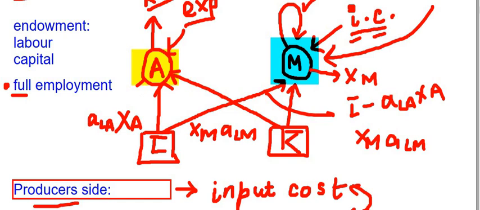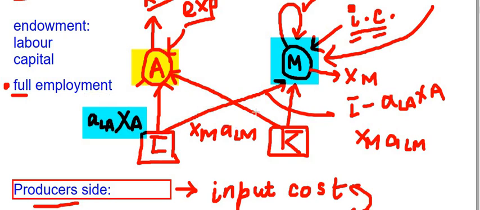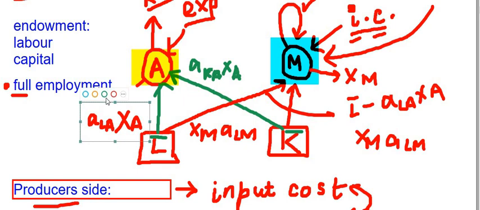So we had labor from this side and we had capital from the other. Essentially, these two lines: this line would stand for AKA XA, and this would stand for ALA XA. So the ALA XA would go here and AKA XA would go here.